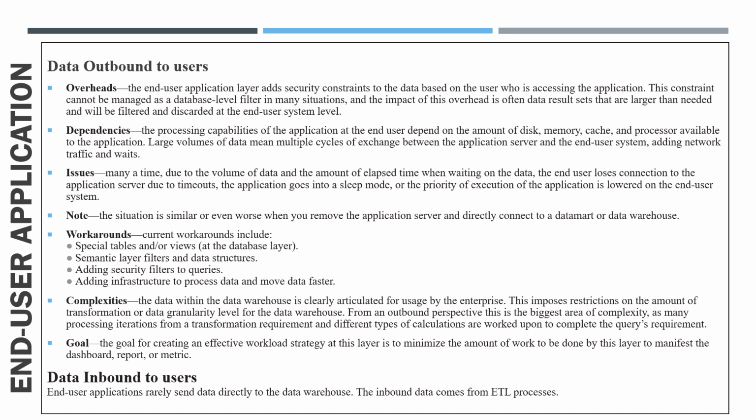For the end user application, for the data outbound to users, the overhead is that the end user application layer adds security constraints to the data based on the user who is accessing the application. So basically, the security layer is added, and because of its dependencies, the processing capabilities of the application at the end user will depend on the amount of disk, memory, cache, and processor that is available to the application.